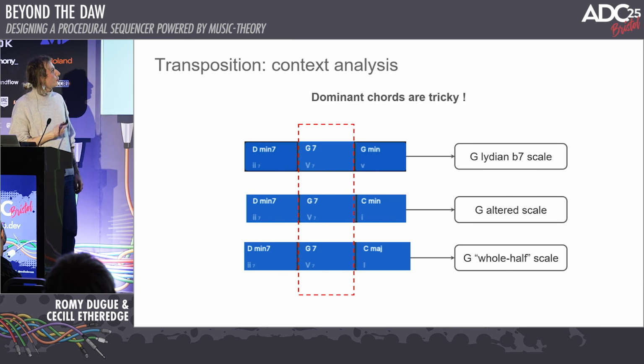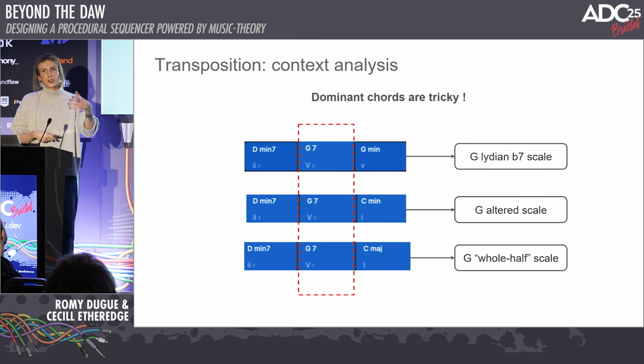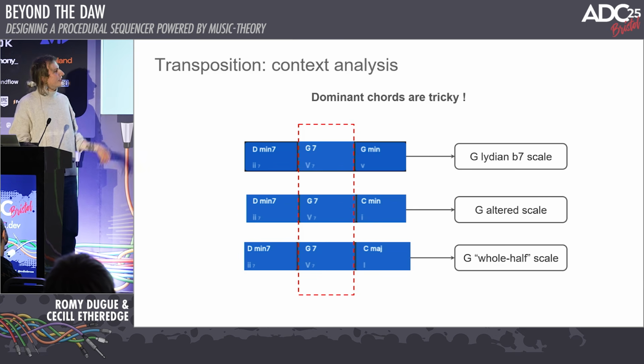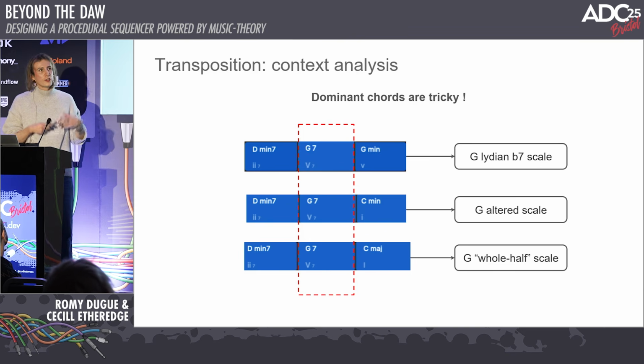They don't represent something by themselves, but they lead to something else. They're part of a cadence. So we can derive all sorts of scales from that, for the jazz nerds here. And that's something to keep in mind: the level of context analysis you're going to have to do when you want to make a composition tool can be high.